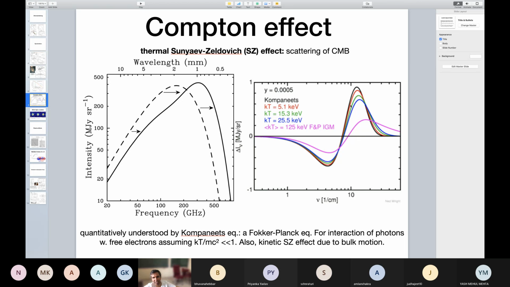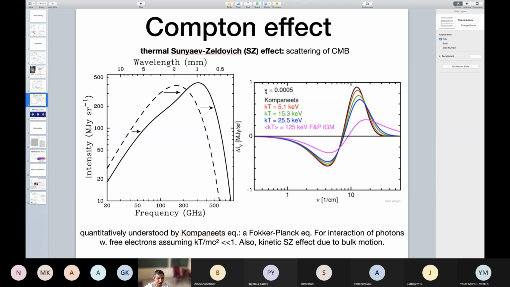So this is anyway the signature, and delta I by I is of order 10 to the minus 3. So it's a very small effect, but since we can measure the CMB so very well, this small effect is measurable.